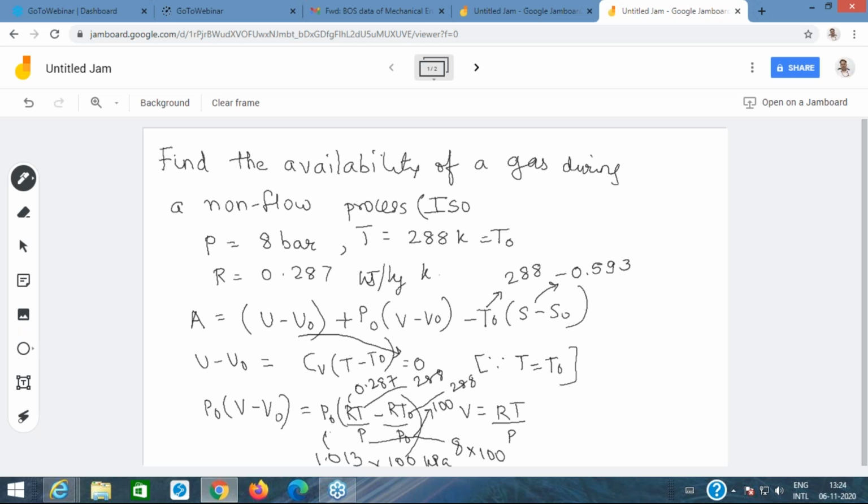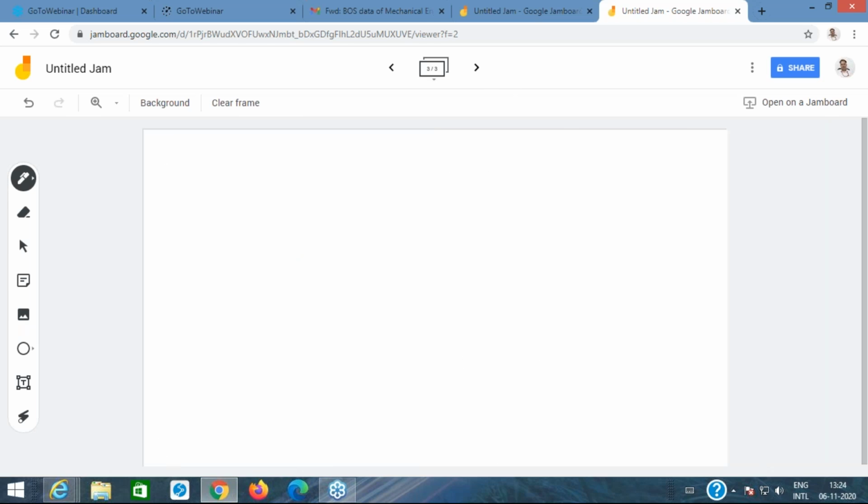Similarly, one can consider, let us say, the same numerical with some different values. Let me take this second numerical, wherein your dead state remains the same. That is, the dead state is, let us say, P naught is 1.103 bar, and the dead state temperature is 288 Kelvin.